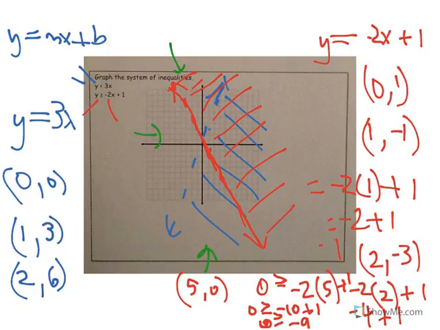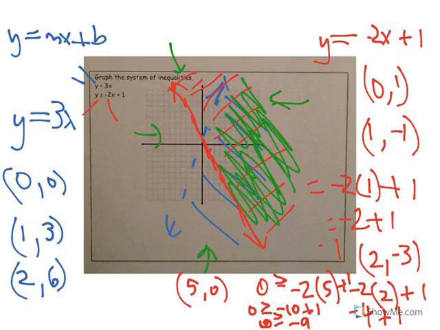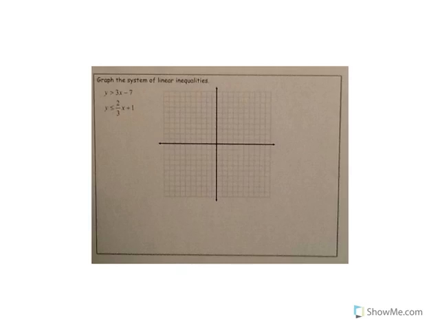Up here, that's a solution for neither, but this is the part we're actually really concerned about because this is the part that is the solution for the two inequalities together, because that's where the red and the blue overlap. That's the reason why it's helpful to have two markers and to do it that way. So same sort of thing, you do the exact same thing and then you just see where they overlap.